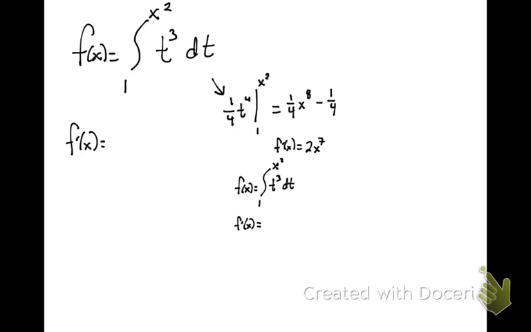If I were to substitute in x squared into t cubed, I would get x to the sixth. And if I were to multiply that by the derivative of x squared, in this case 2x, I will get 2x to the seventh. And that's always true by the second part of the fundamental theorem of calculus.